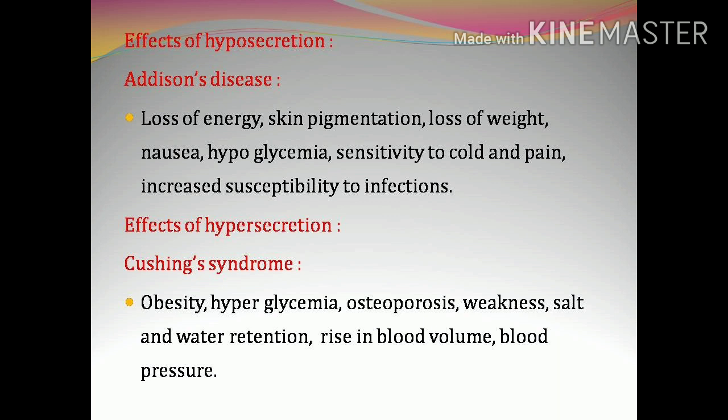Next, osteoporosis, weakness, salt and water retention. Salt and water remain in their body in excess amount, and they cause weakness as well as osteoporosis. Osteoporosis is nothing but the bones becoming weak and brittle. It means the bones will break very easily and become very weak.